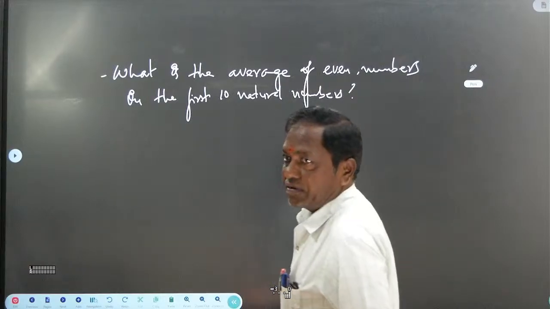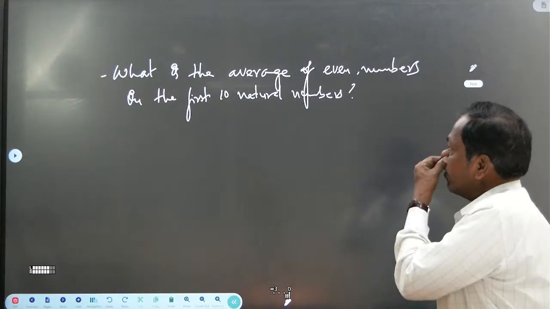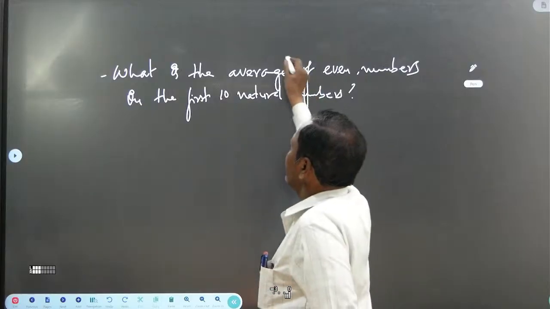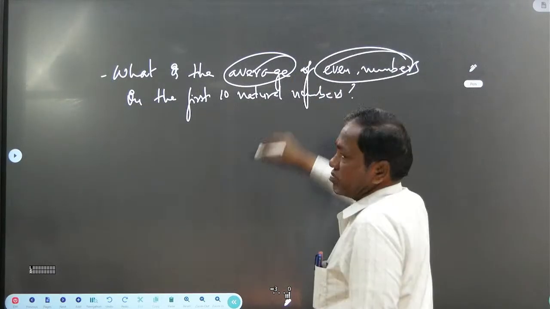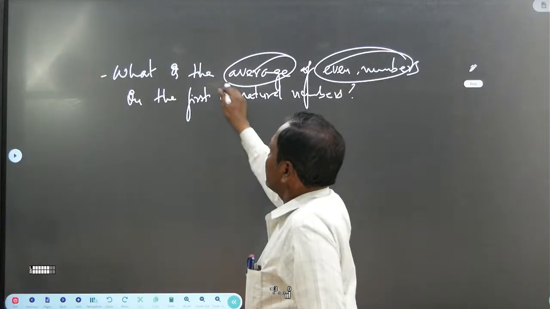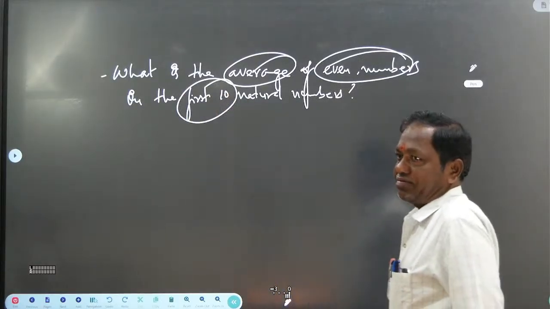Right. So, what is the average? Fine. The average is required of even numbers in the first 10 natural numbers.